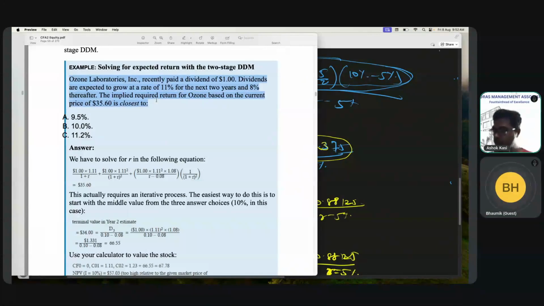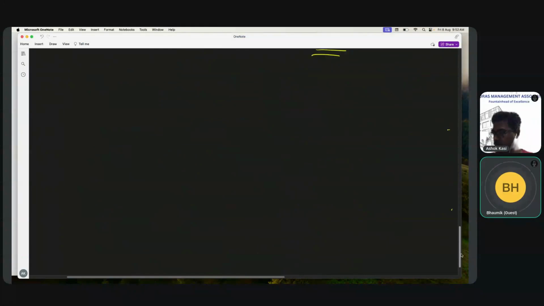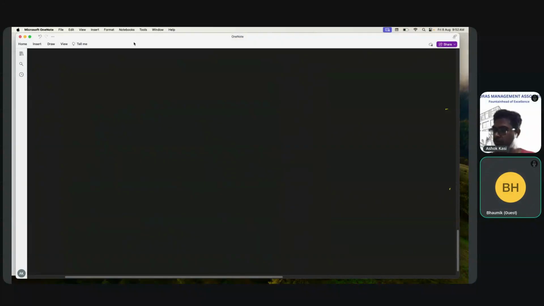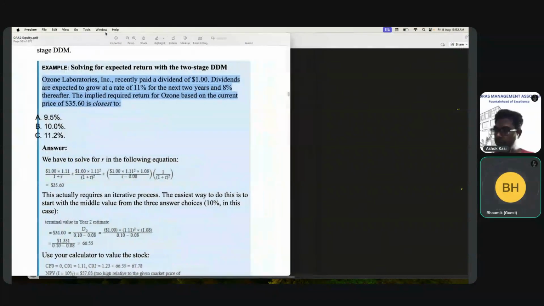So again here, instead of current price, we have to calculate R. Ozone Laboratories Inc. recently paid a dividend of 1.